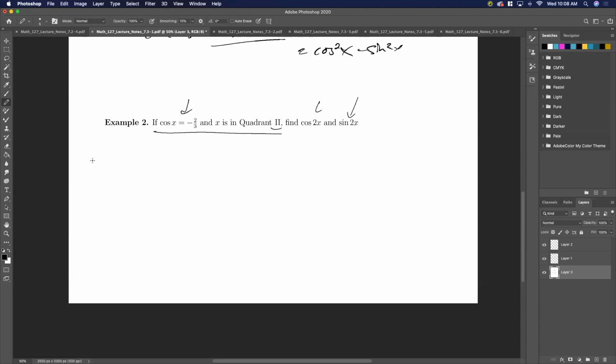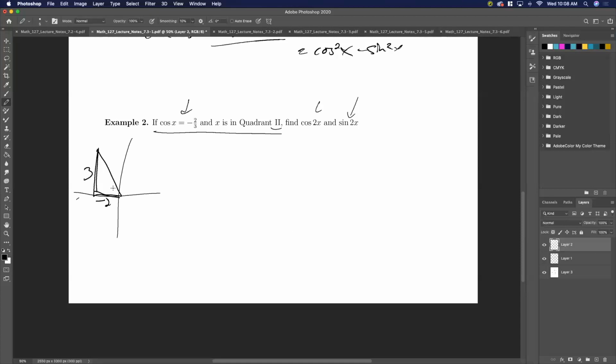So if it's in quadrant 2, what do I know? I know the triangle is going to look like this. The reason I draw the triangles this way is because I pretend I'm in my coordinate plane. If I'm in quadrant 2, my adjacent side would be -2, my opposite side would be positive. It's a little bit more clear.